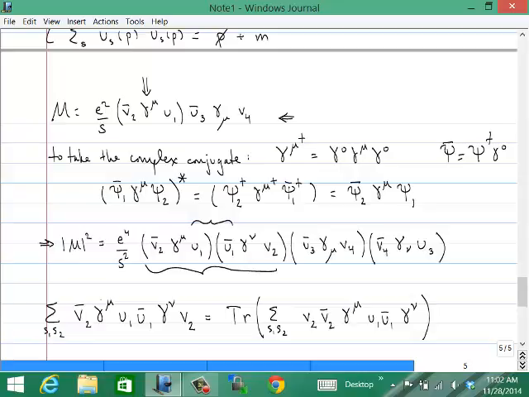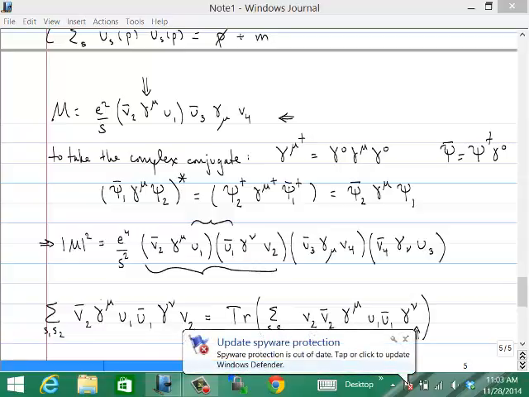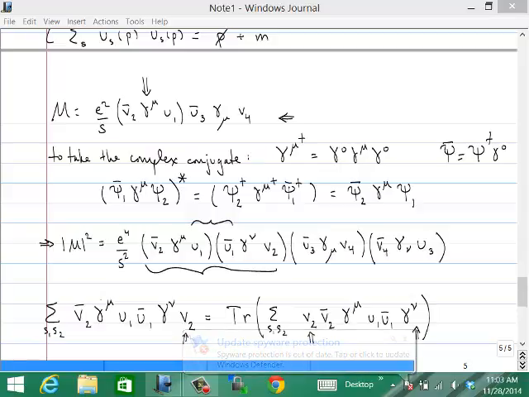If you have a matrix and you're taking its trace, that means you're contracting its two indices together. The traces are cyclic, okay? So I could always take this V2 and move it over here, and then you would just be taking the trace of a number, and that would give you this expression here. If that's a little confusing, just write out all of the spinor indices explicitly.